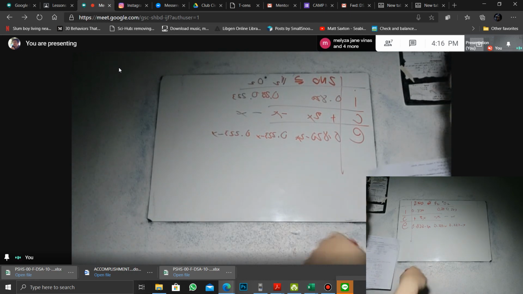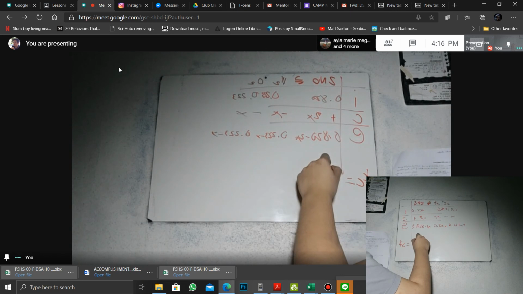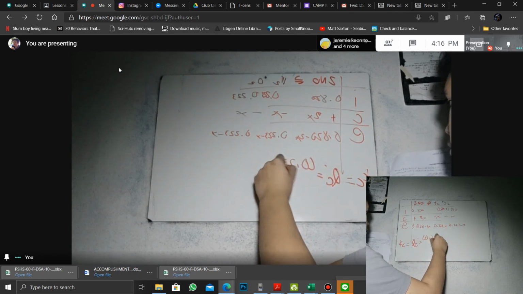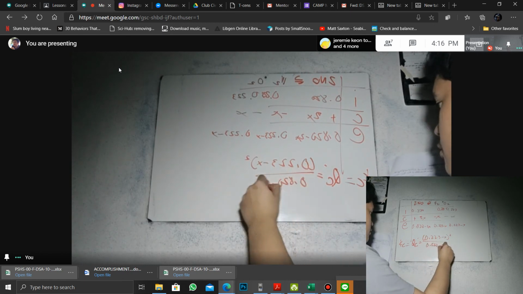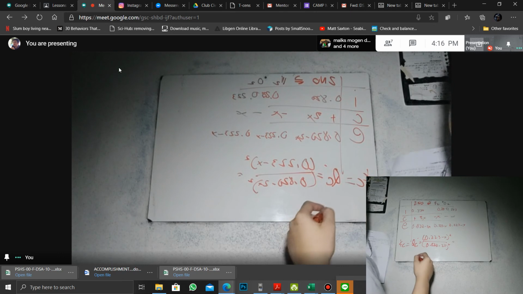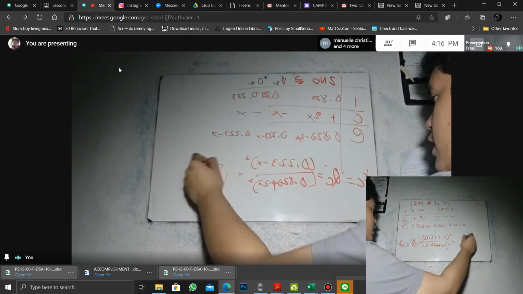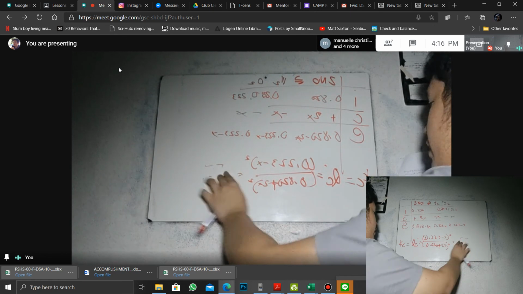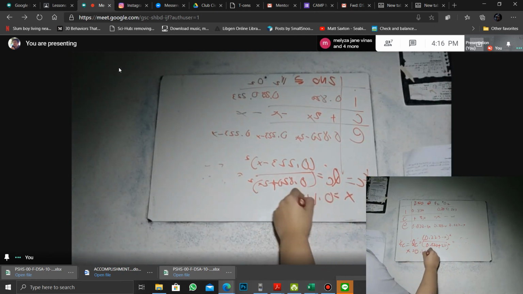Solve for x. Plus 2x equals to square root ng Kc. Ay, sorry, Kc. Yan, di ba? So, solving for x, 0.164 M. So, there we have it.